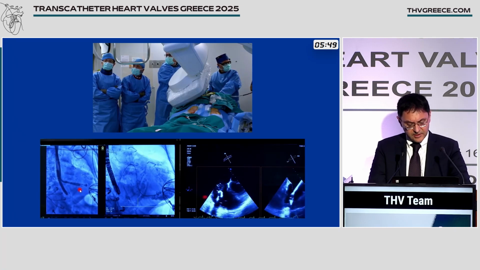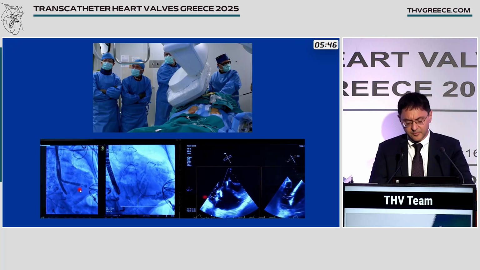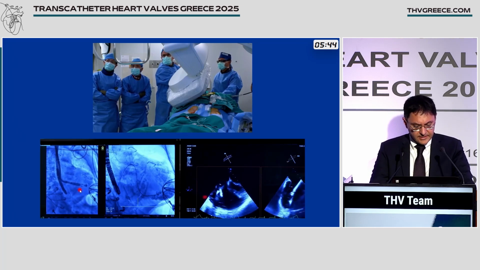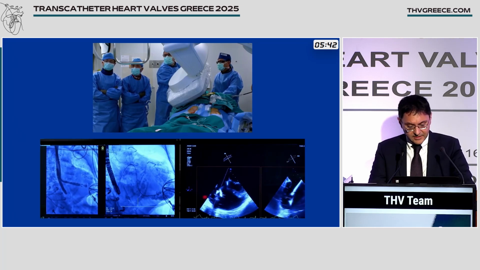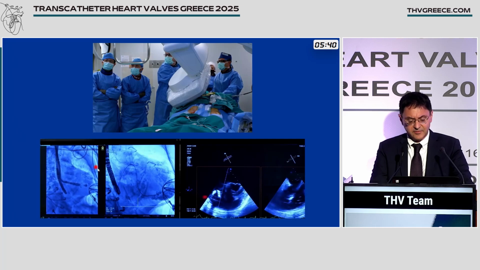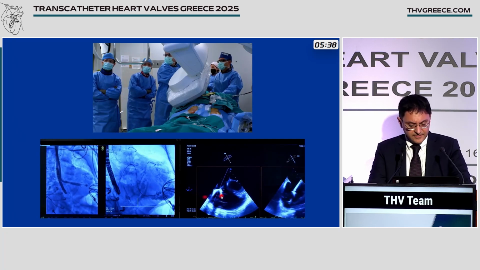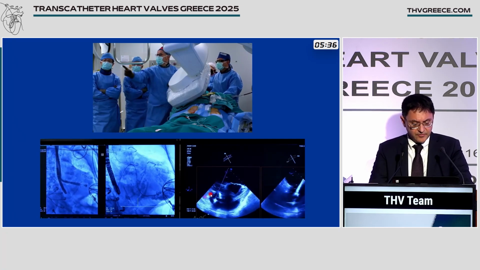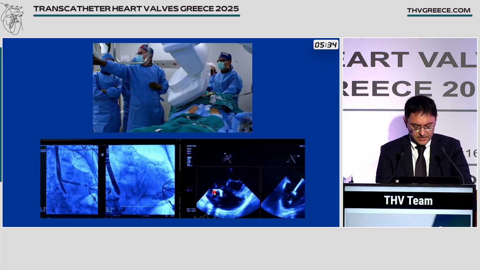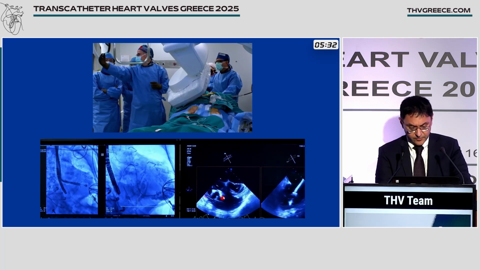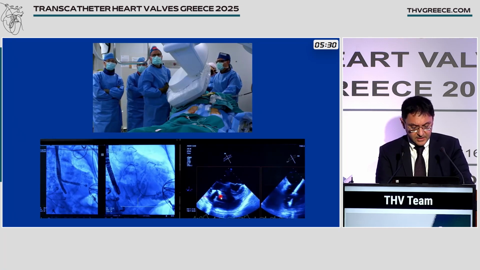We want these two graspers, the anterior and posterior, to be about 1 centimeter under the annulus before we proceed with the exposition of the graspers.